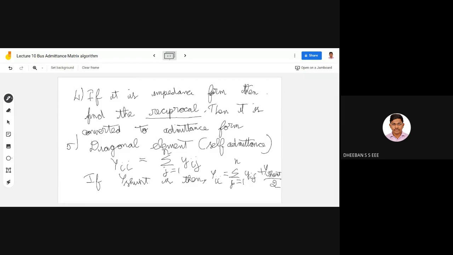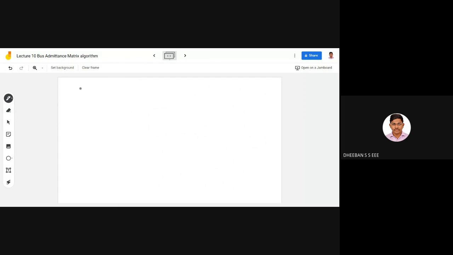Okay, and the sixth point is for off diagonal element or transfer admittance, your Yij will be equal to minus of Yij.